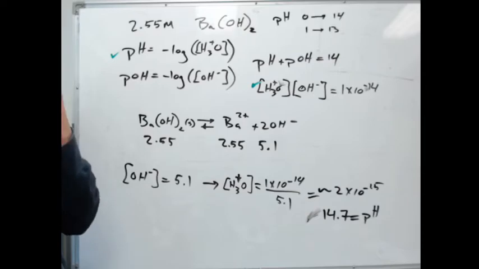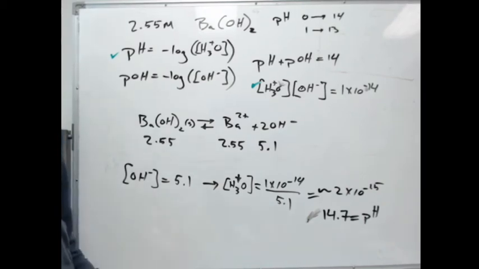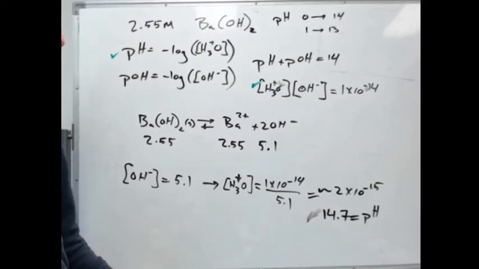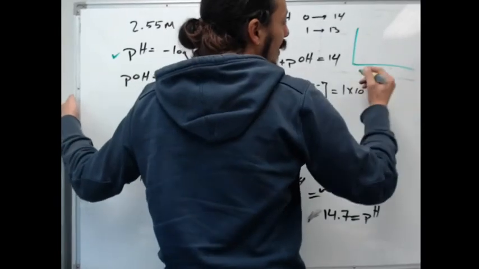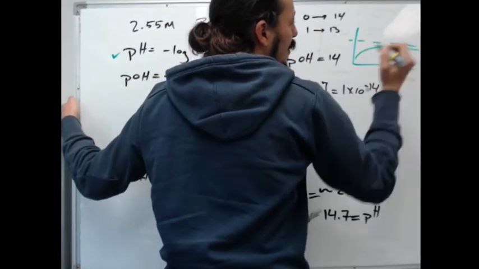That problem is also referred to as the leveling effect. You hit this point where the acidic or basic behavior of water has reached its maximum and cannot do it anymore. So technically, 14 should be a pH that we asymptotically approach.